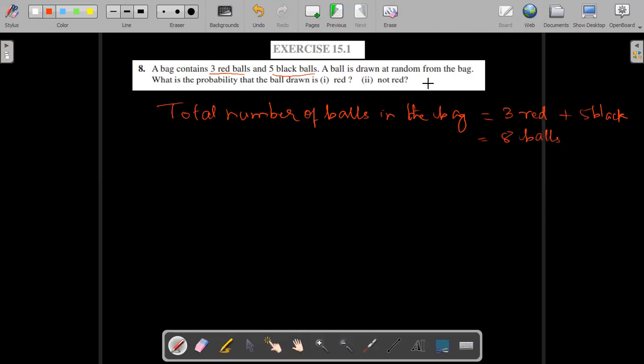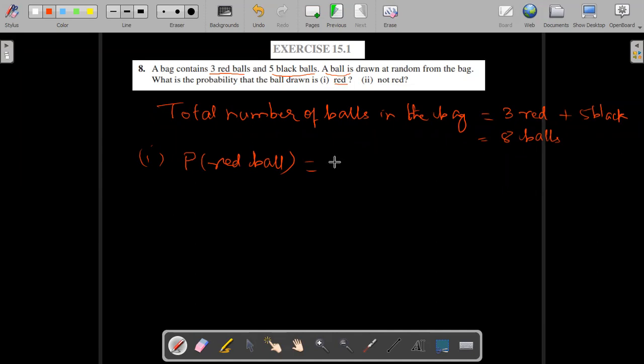A ball is drawn at random from the bag. One ball is drawn. What is the probability that the ball drawn is red? The probability of a red ball is equal to the number of favorable cases upon the total number of cases, meaning the number of red balls upon the total number of balls.